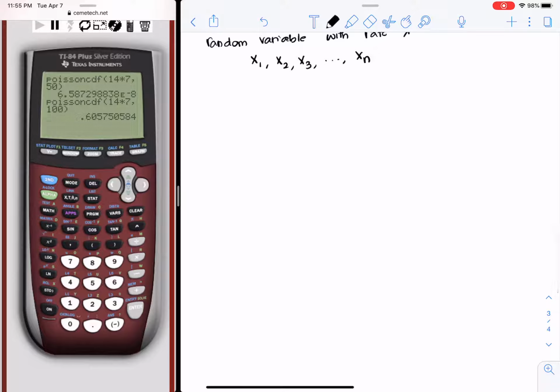So we are trying to find the posterior distribution for lambda.